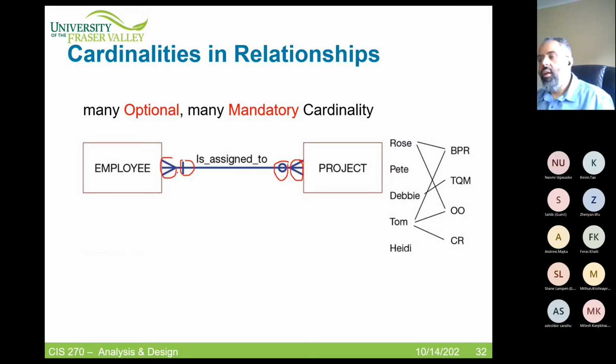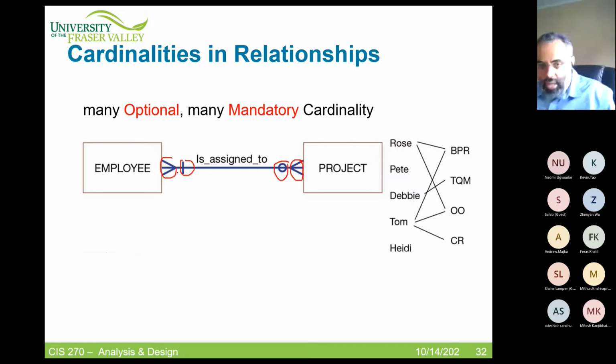Let's see why. An employee is assigned to a project. So an employee can have a project or can't have a project. Maybe he is more administrative and he is not related to a special project.